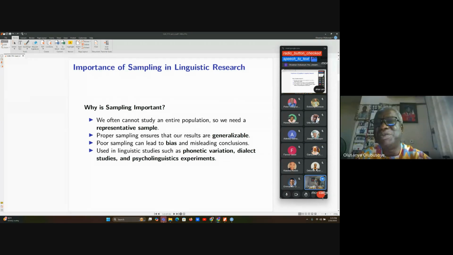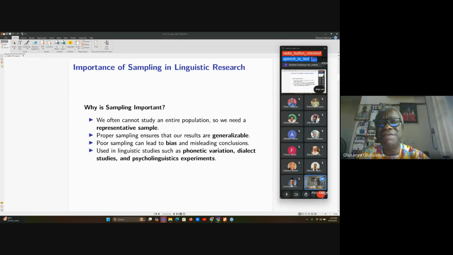So we can study how Ogbomoso people will pronounce S, how Ekiti people will pronounce certain vowels and things like that. So we can study phonetic variation among people of the same lingua franca, so to say.